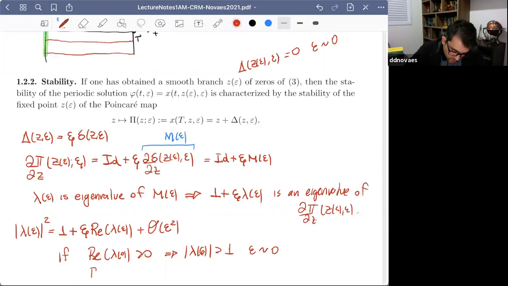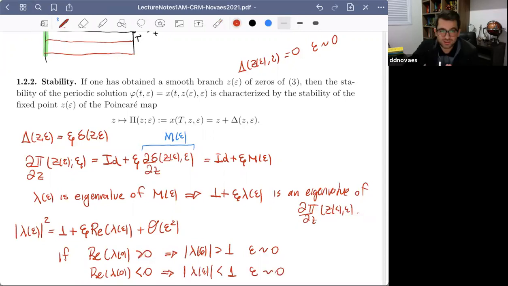And if the real part of lambda 0 is negative, then looking at this relationship, the modulus of lambda epsilon is smaller than 1 for epsilon sufficiently small.